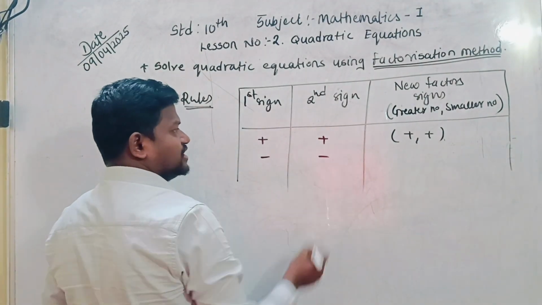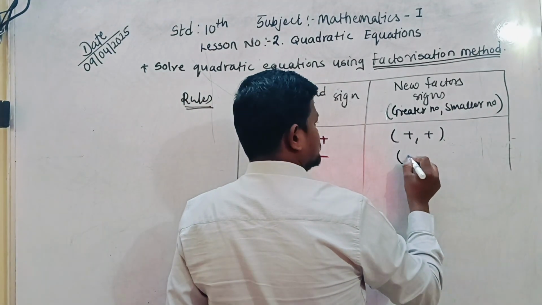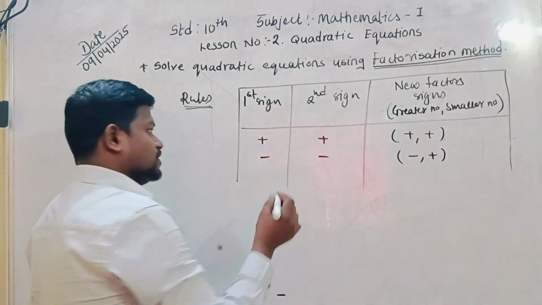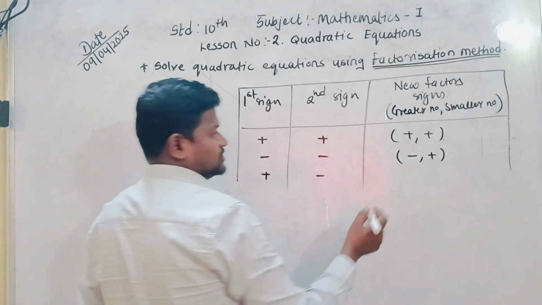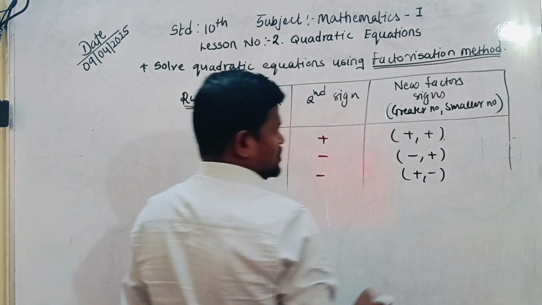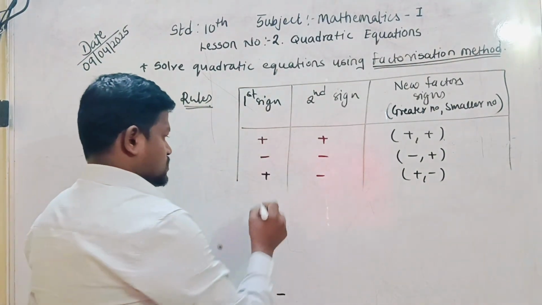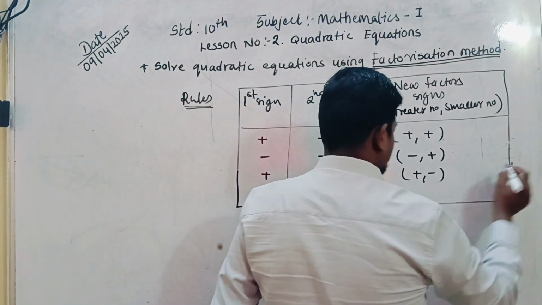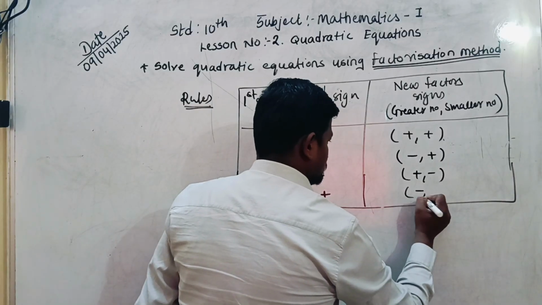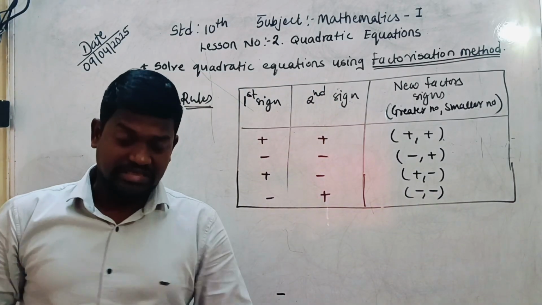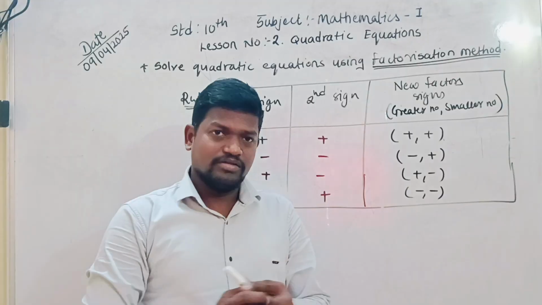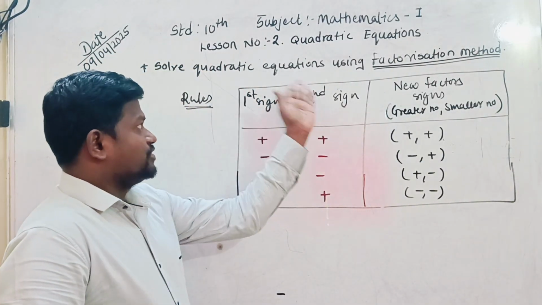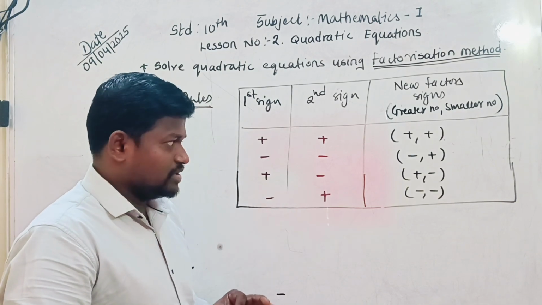For minus minus, we have signs minus and plus. For plus minus, we use plus minus signs, and for minus plus we use minus minus signs. So these are the signs we have to look at when we solve a quadratic equation by the factorization method.